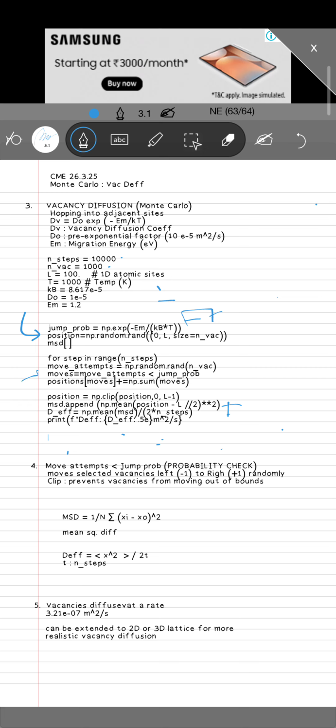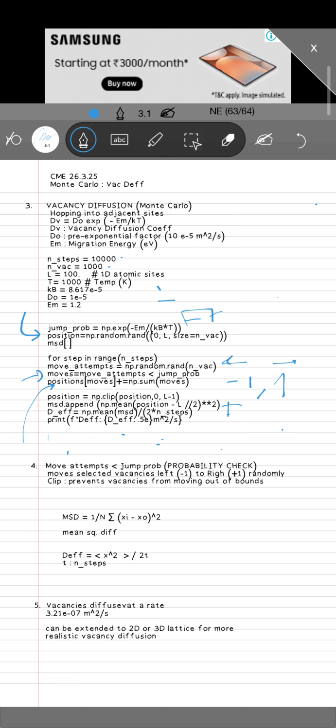Now the move again is an incremental move, so it is based upon the atoms. So this is a probability check, and the position of the atom moves from -1 to 1. It means that as it moves to the left, if it is -1, it will move to the left, and if it is +1, it will move to the right.